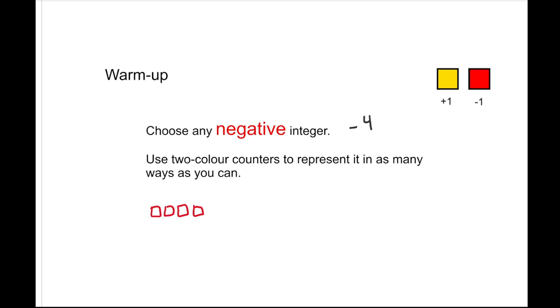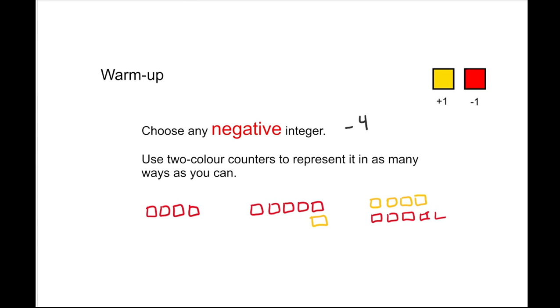Another way we could have negative 4, let's say we have 5 negative 1 blocks and a positive 1. Or let's say we have 4 positive 1s and 8 of the negative 1s.